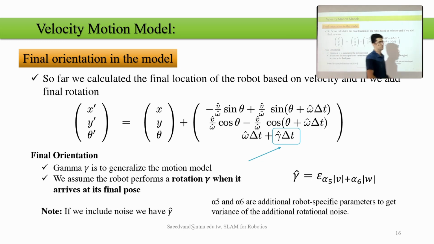Since it includes the noise too, in the book it's written as gamma hat. If it was gamma, then it had no error, just the rotation. And that rotation also can depend on the amount of time that we apply the additional rotation.